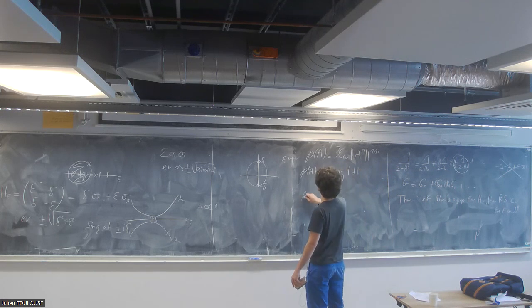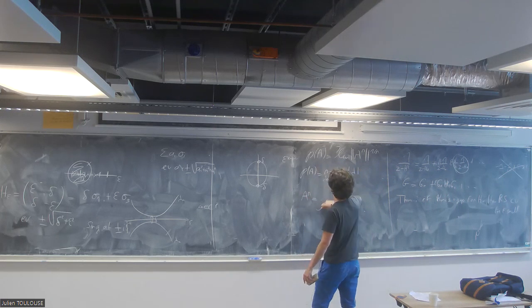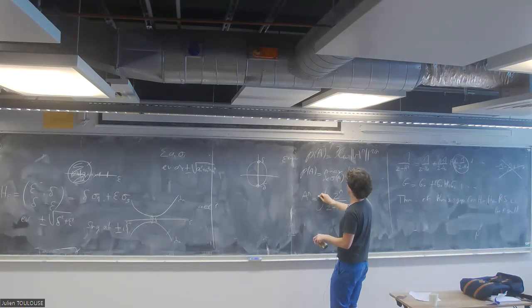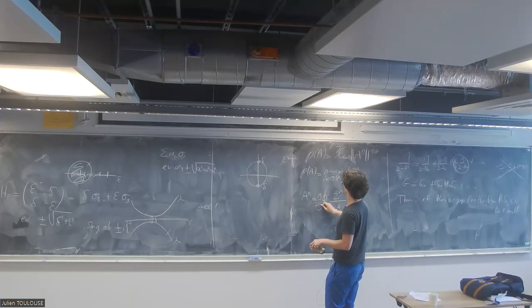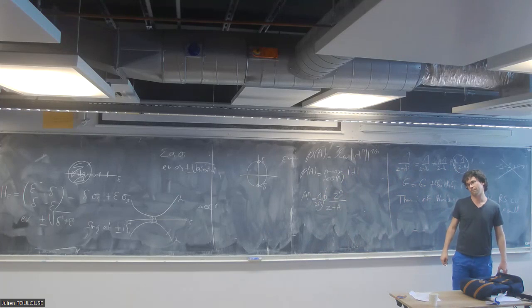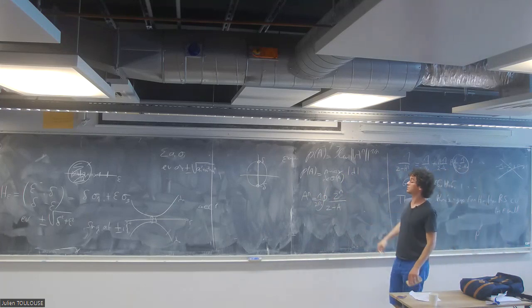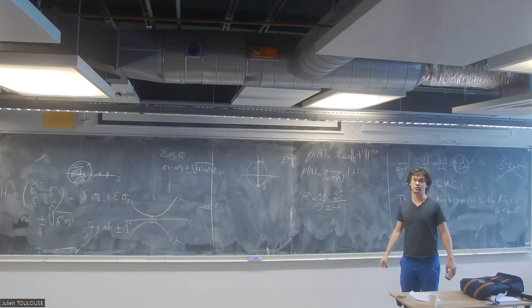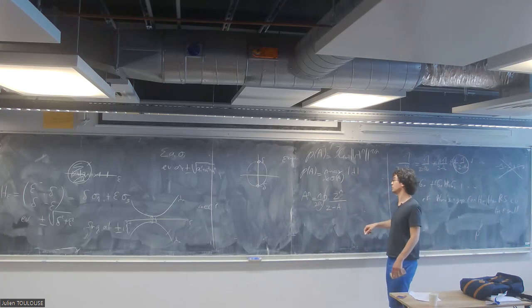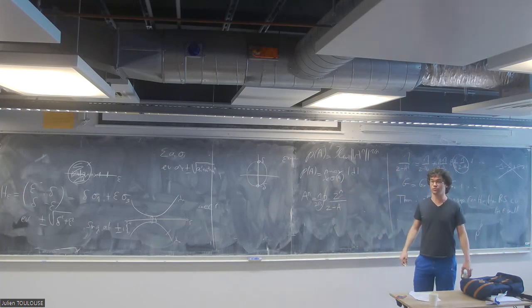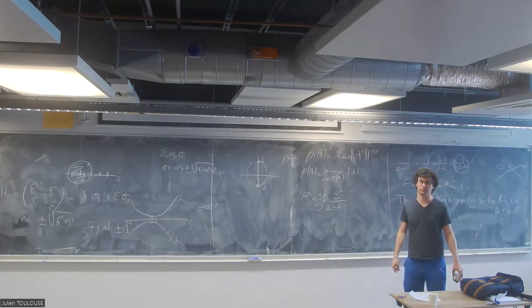So what I'm going to do is write A^n as 1 over 2 pi i times the integral of z^n over z minus A. I can do this. Why can I do this? It's a computation, the same computation that I did with the contour. You find it's this.